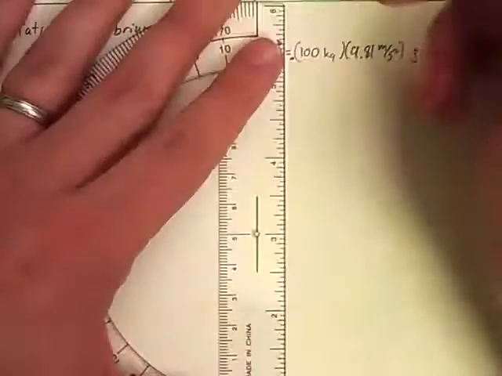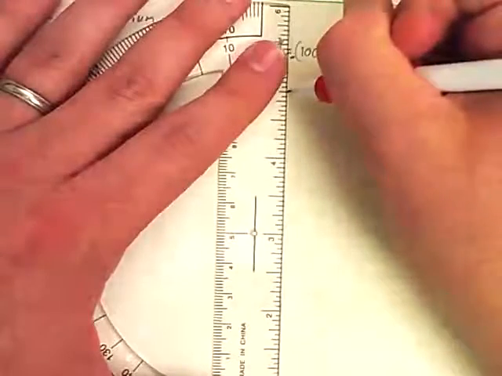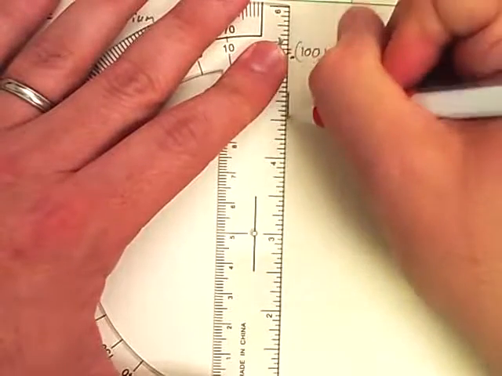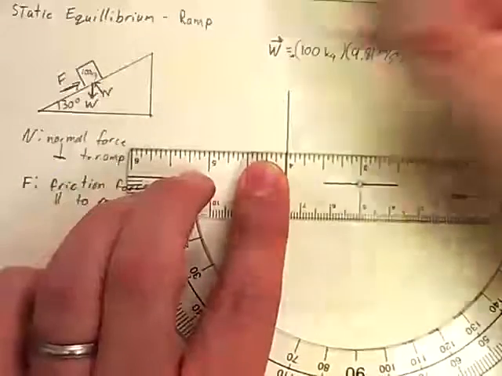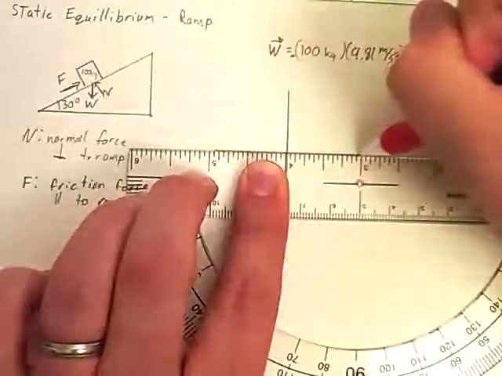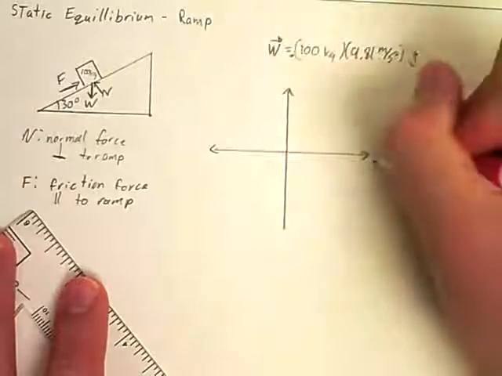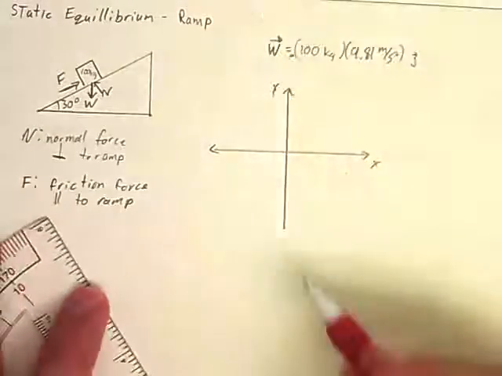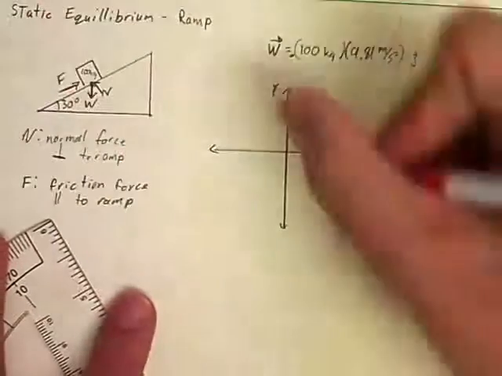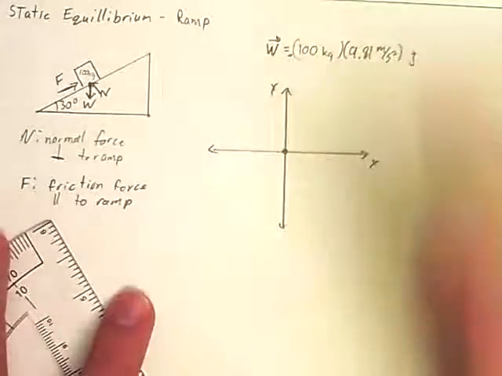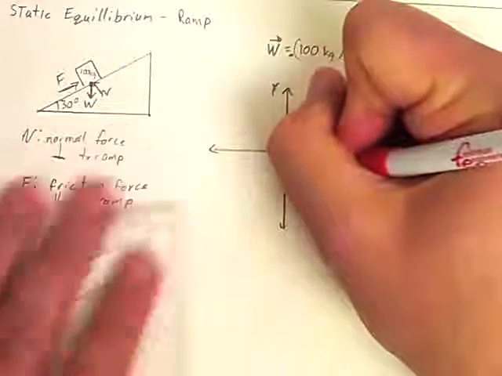So if we draw this as a free body diagram, as we like to do with these statics problems, we've essentially got these three forces at play. And again, remember, we get to choose the origin, so we might as well choose something useful. We're going to choose the origin to be where the box is. The weight comes straight down.